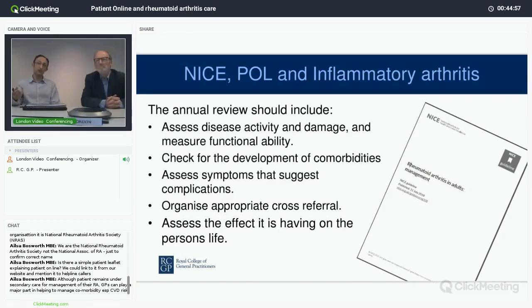So the annual review that I've got on the slide there is the current annual review for patients with rheumatoid arthritis that was advised by the recent NICE guidelines, and is also what's mandated generally in QOF. It's not quite in line with QOF now with recent recommendations, but it's very, very close.